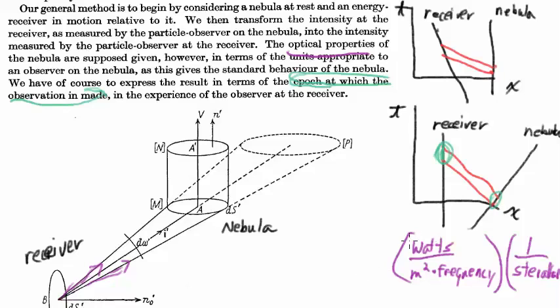An event, the watts per meter squared per frequency, given in terms of the units appropriate to an observer on the nebula. That would be here, as this gives the standard behavior of the nebula. And the result in terms of an observer when the epoch at which the observation is made in the experience of the observer at the receiver.